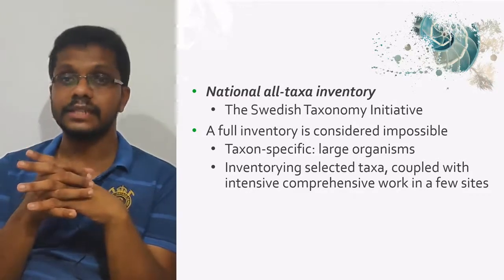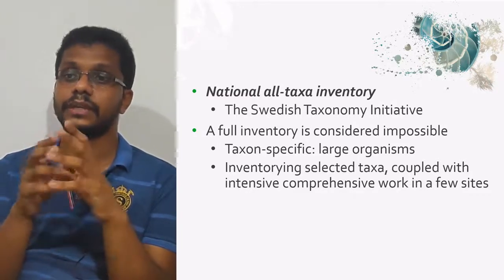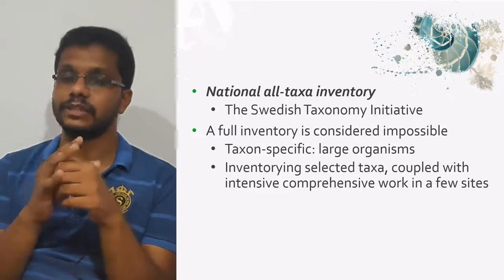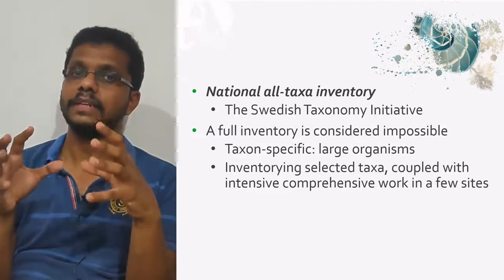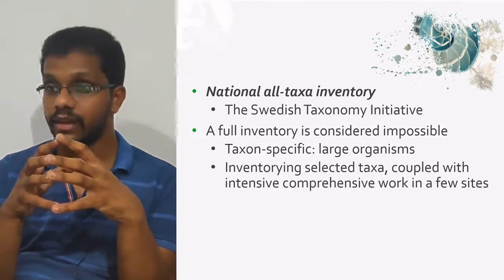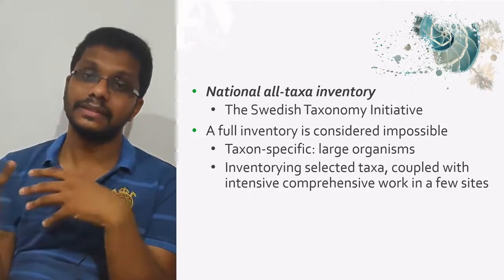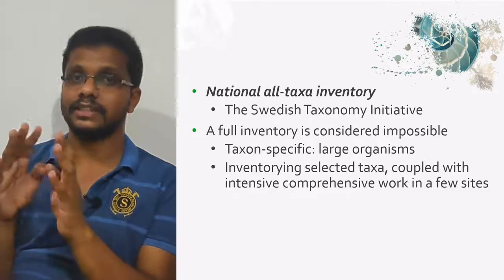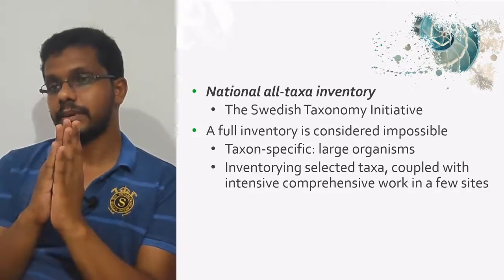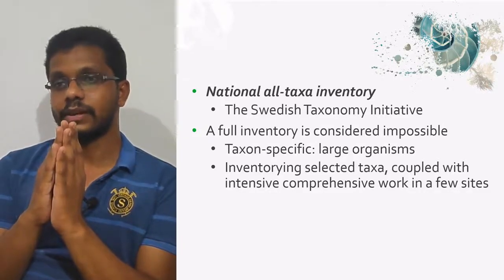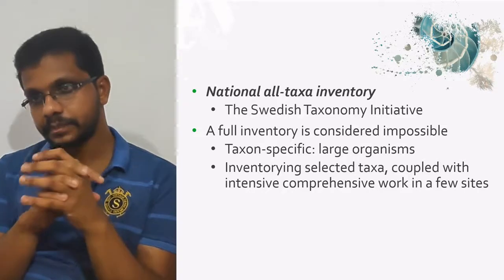The most complete inventory is the Swedish taxonomy inventory, which is known as the most comprehensive inventory so far. If you think about completeness, it is the most complete one, but it is absolutely not complete. Maybe 50 percent of the biodiversity is still missing in that inventory.